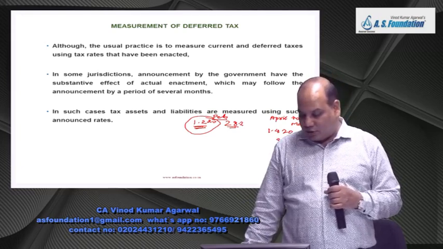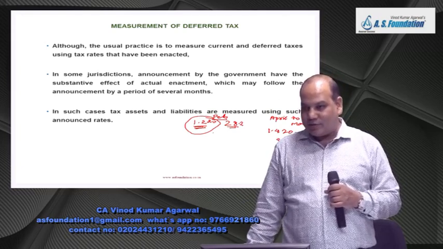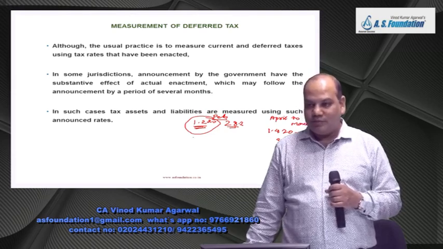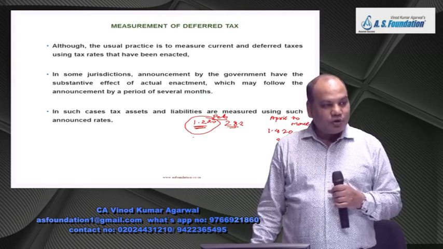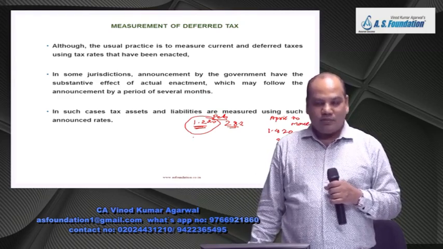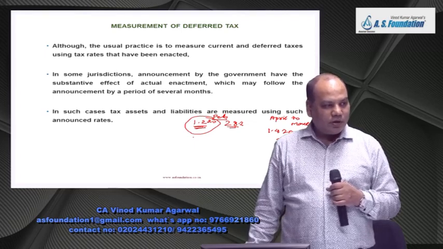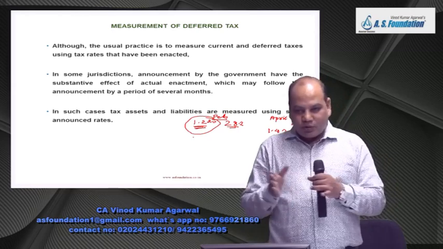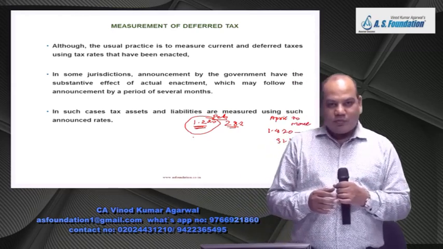But Indian history of direct taxes says tax rates usually proposed in the budget are approved by the parliament. Is it right? In the last 75 years of budget presentation, what is the history?